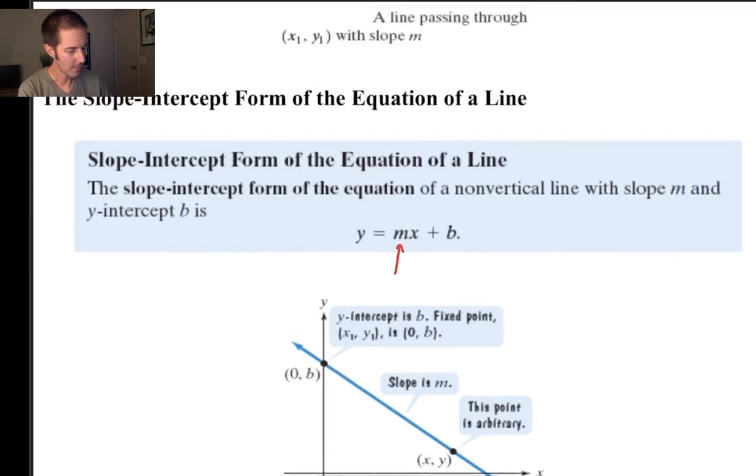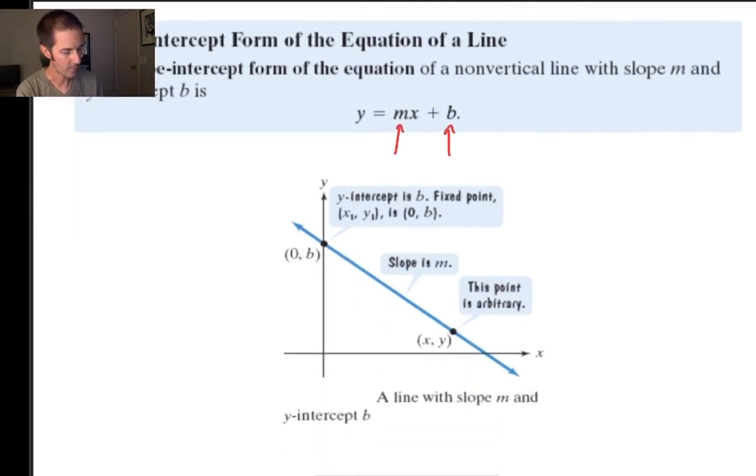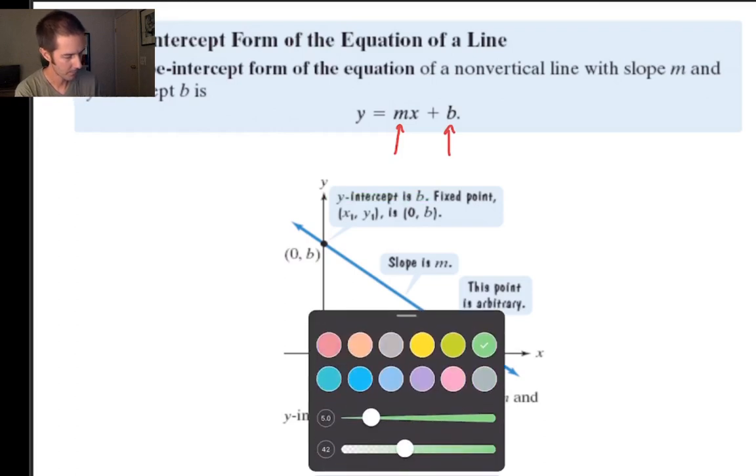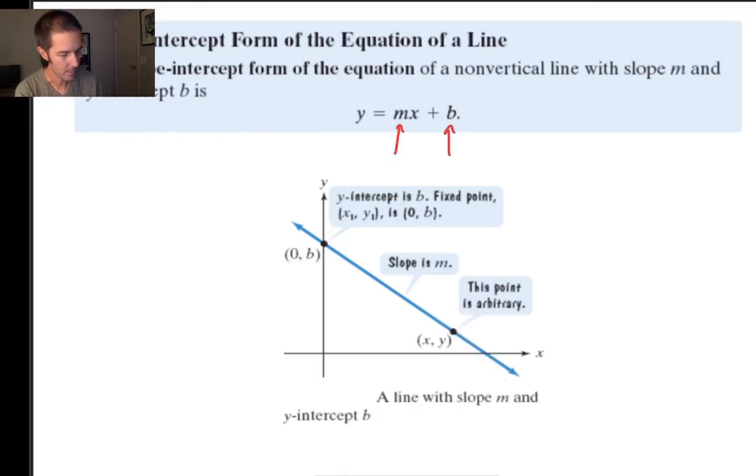But this b value isn't just any intercept, it's the y-intercept, and that's illustrated and written for us right here. Y-intercept is b. And there is the actual y-intercept, 0, b.